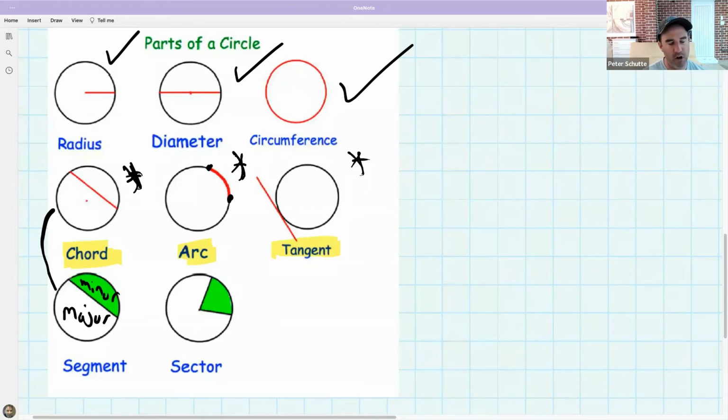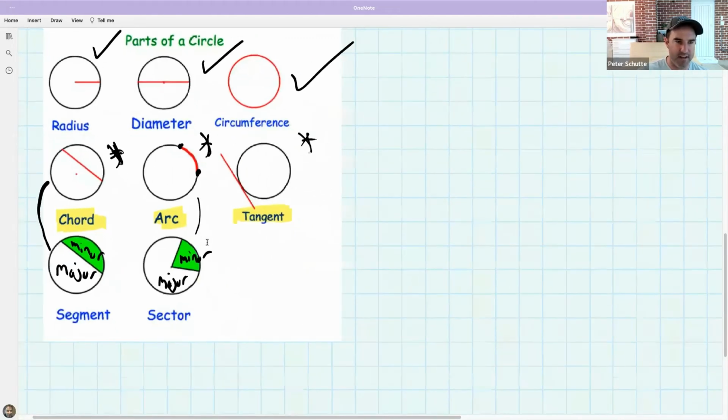The smallest of the two pieces is called the minor segment. So that's definitely new. And then a sector actually needs two radiuses. It's almost like a sector of an orange. And the same thing here, you get the major sector, and then you get the minor sector. And a sector has more to do with an arc. I think these are not super important, but it's good to know them.